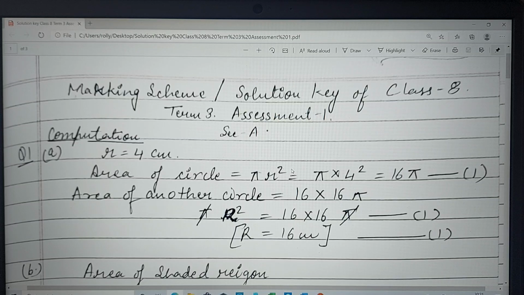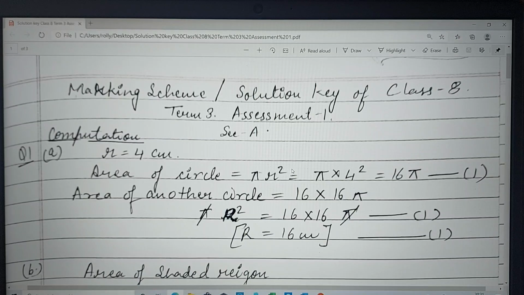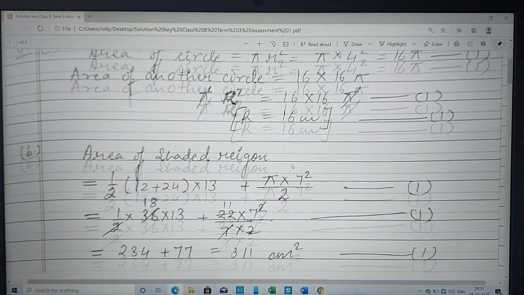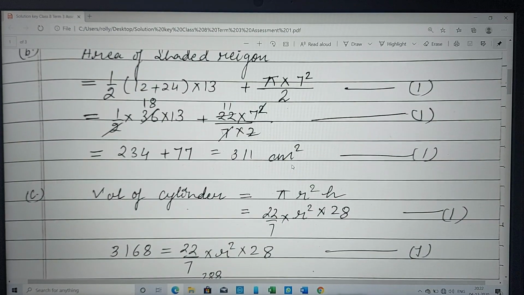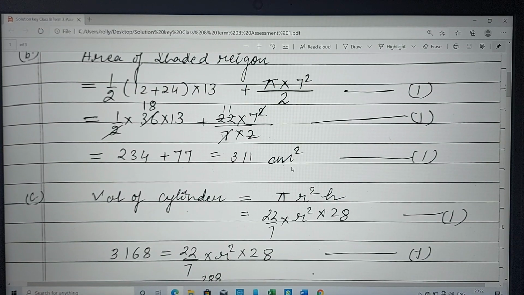Pi and pi will be cancelled from both sides. Capital R square is equal to 16 into 16, so radius becomes 16 centimeter. Clear? Able to understand?